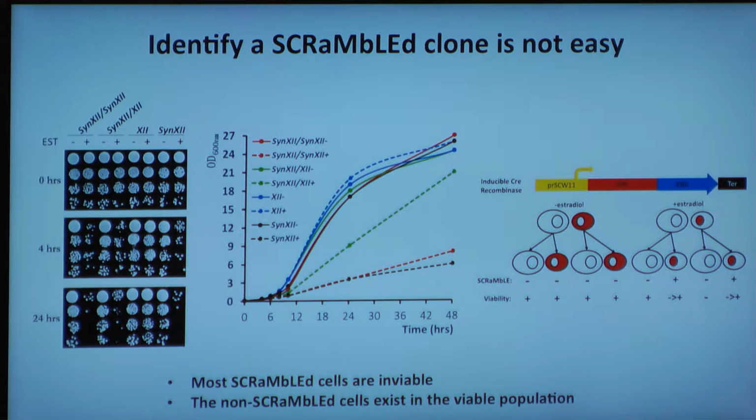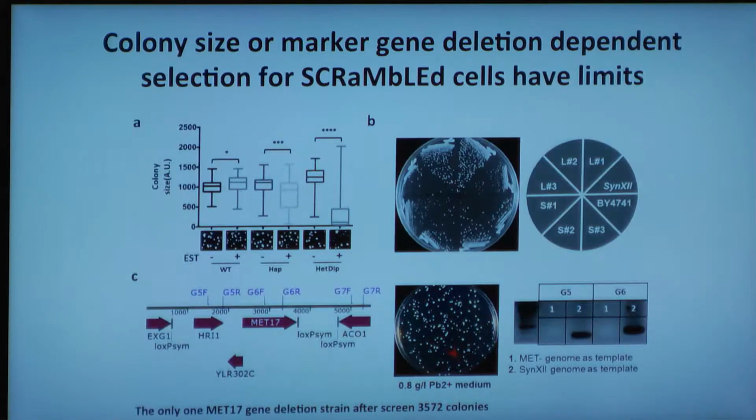In order to select those SCRaMbLEd cells, what we did previously was to look for small colonies, which indicate that the genome has been SCRaMbLEd. However, this selection is not very reliable, because we can select a lot of cells, and most of them just show gross phenotype differences.